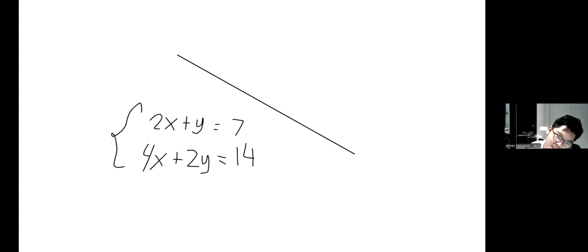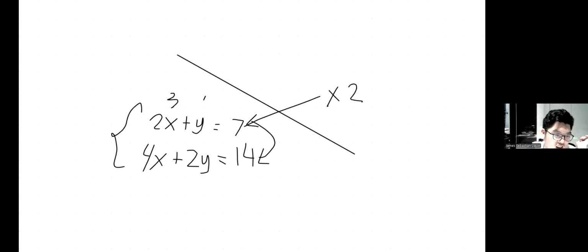Well, let's try solving by elimination. You multiply this by 2. Guess what? You get this equation. So both equations refer to the same line. And that means, say we input x is 3, y is 1. Yeah, that's one solution. x is 2, y is 3.